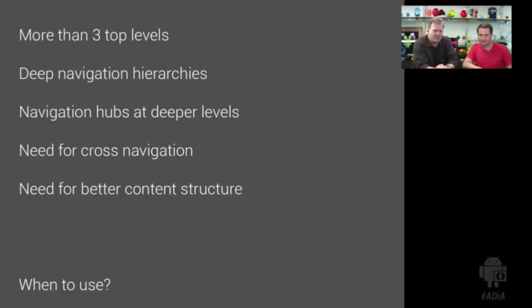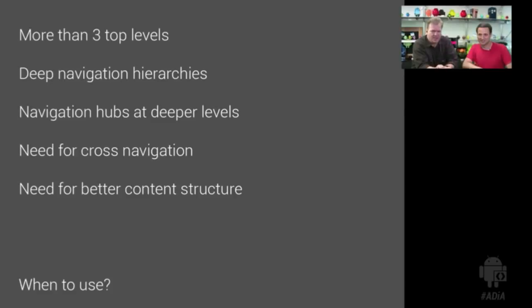If you have more than 3 top levels, the navigation drawer becomes a possible choice. If you have less, then you can also look at other top-level switching mechanisms, such as tabs, for example, that are very good at exposing the different facets of your app within one view.